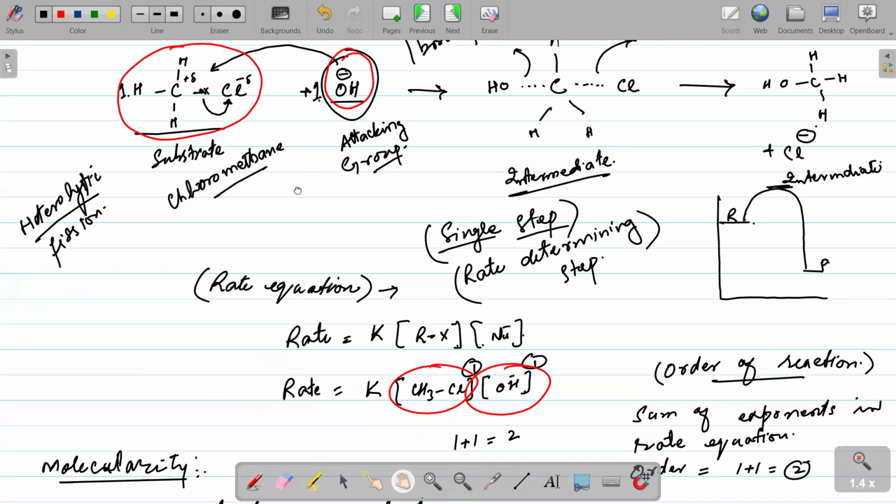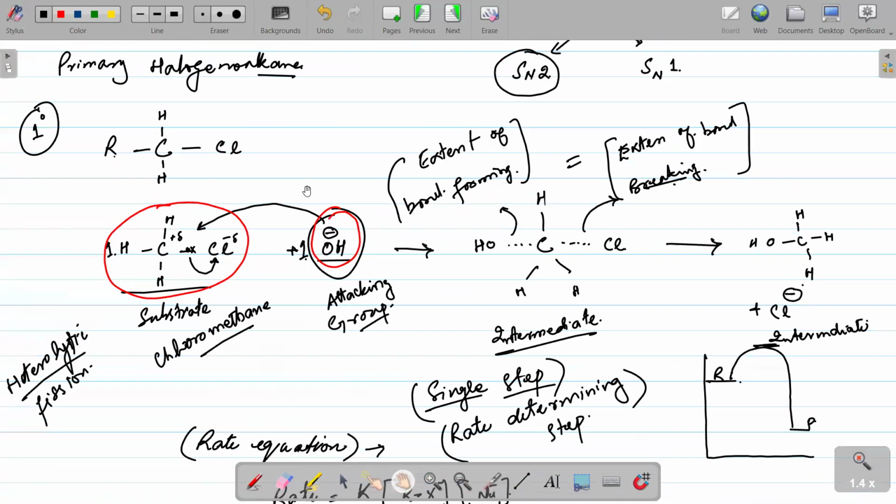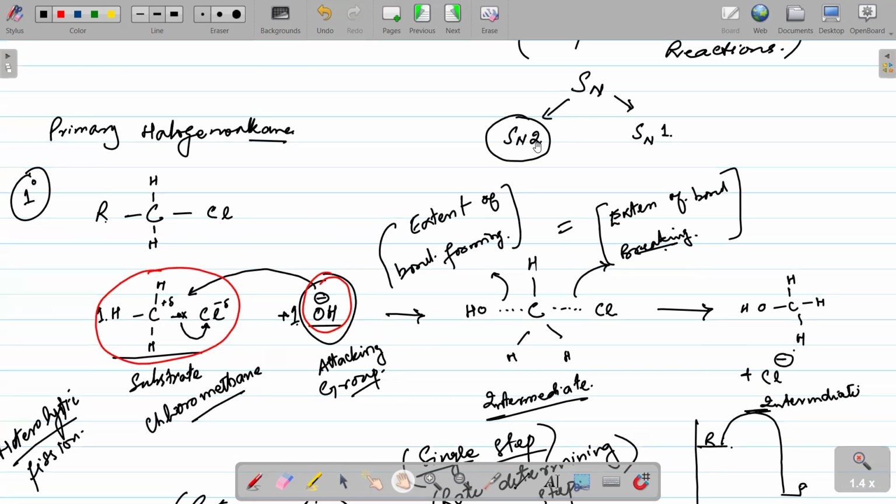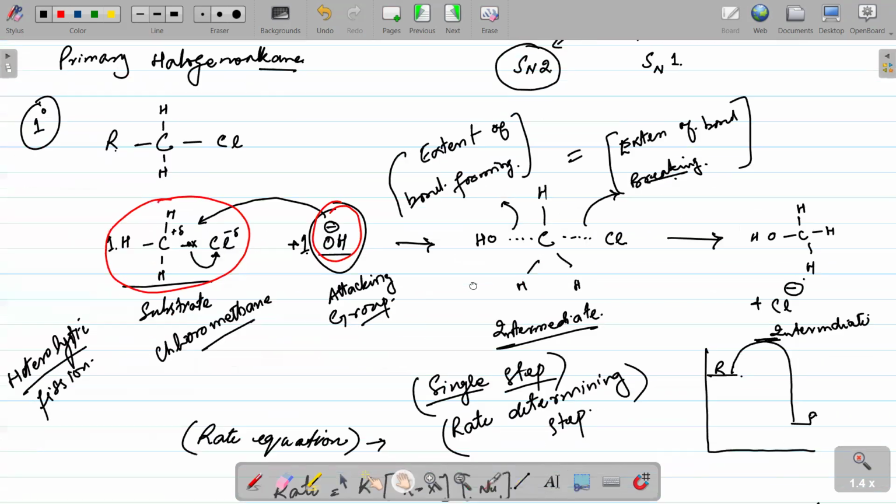So let me revise again what SN2 means. SN stands for nucleophilic substitution, and this 2 indicates that it's a bimolecular reaction. Why are we calling it bimolecular?